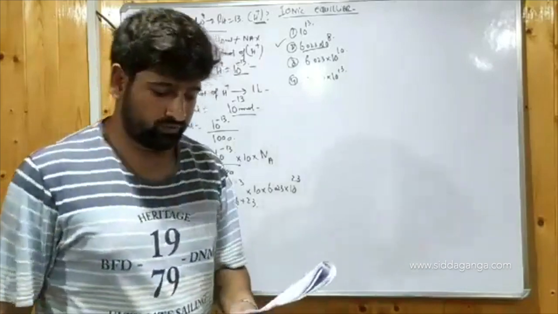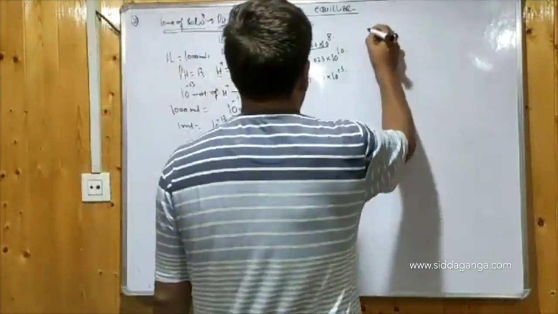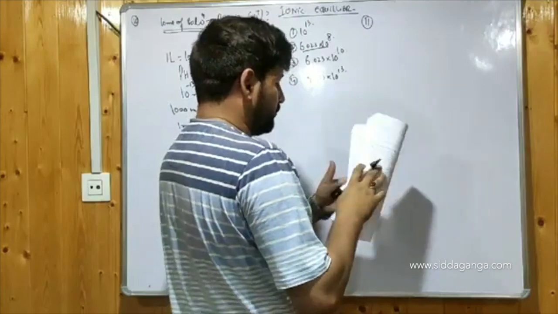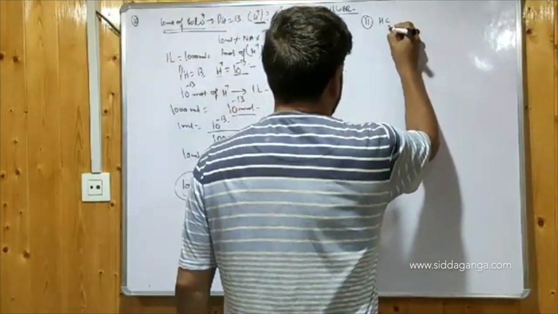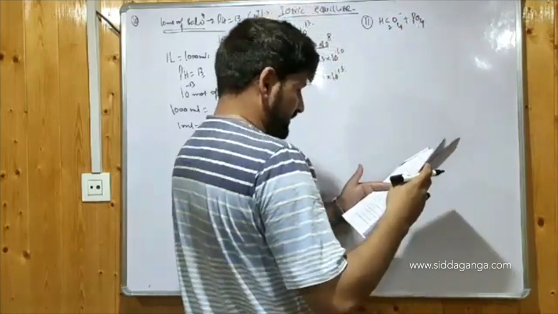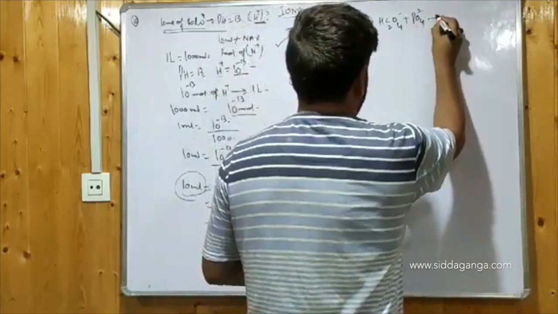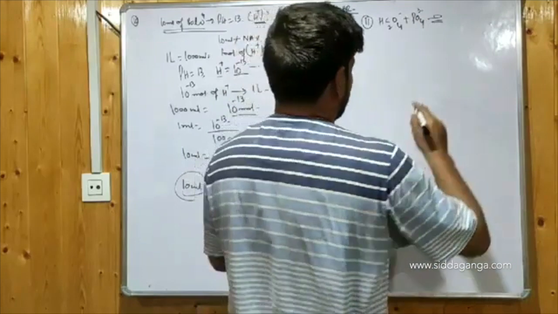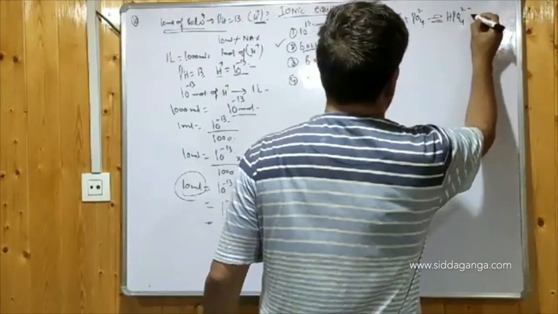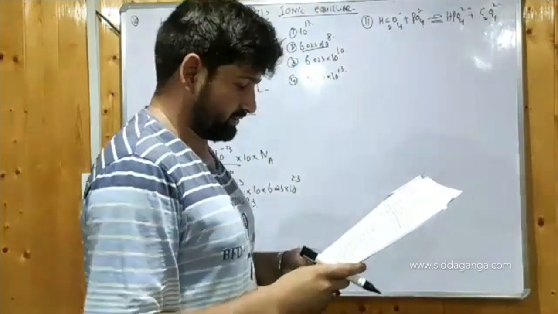Yes? Very good. Question number next. In the following reaction, so we have almost question number 11 here. So the reaction given to us is, children, HC2O4 minus plus PO4 3 minus is in equilibrium with HPO4 2 minus plus C2O4 2 minus respectively, all in aqueous solutions.